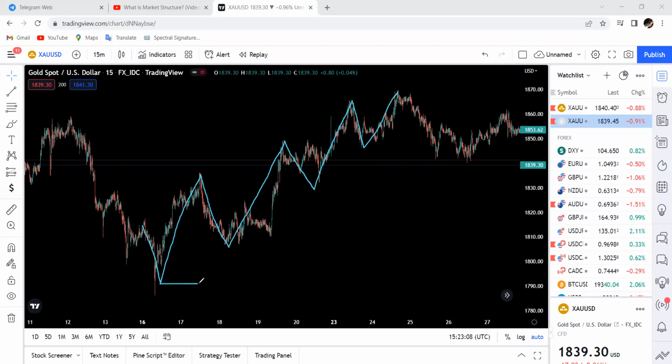And then let's mark something. Let's look at the price, whether the price is moving up or is going down. At the lowest point, we are having 1790. So between 1790 and the topmost part, which is at 1870, which one is larger?